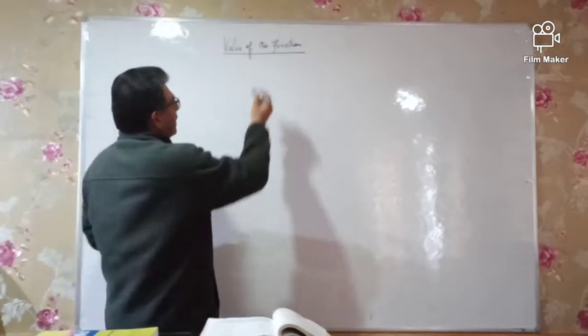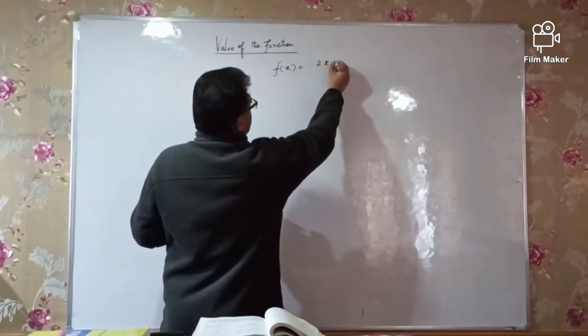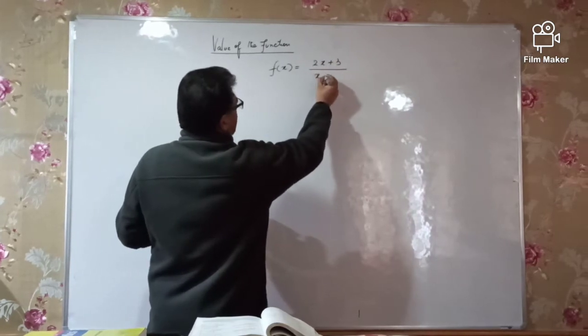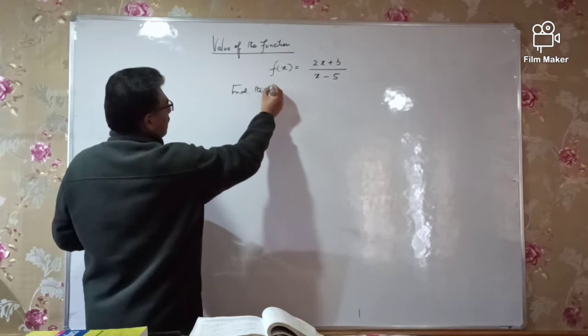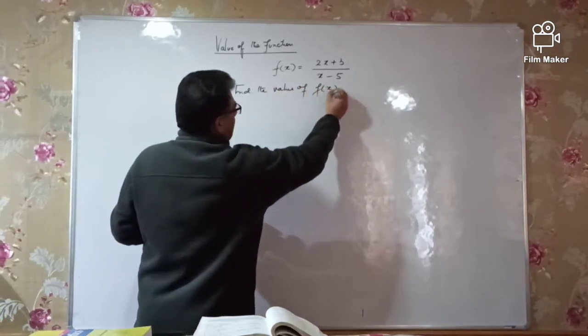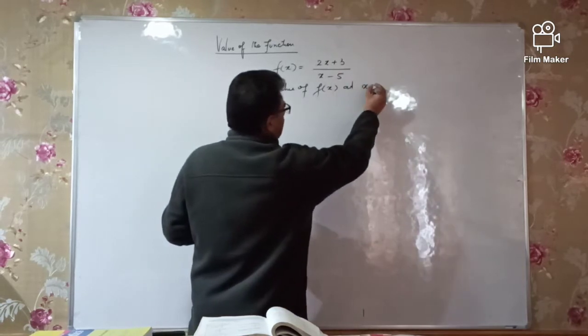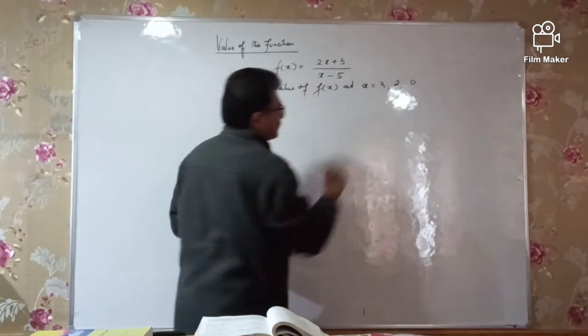For example, f(x) is equal to (2x + 3) upon (x - 5). Find the value of f(x) at x equal to 3, 2 and 0.